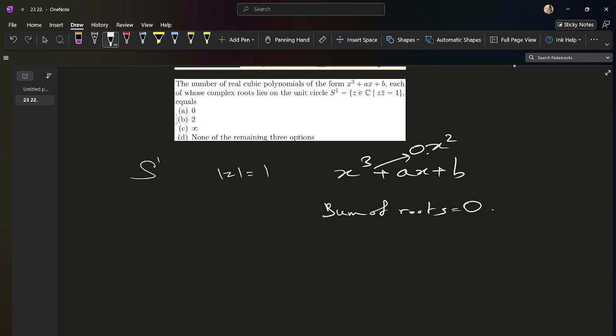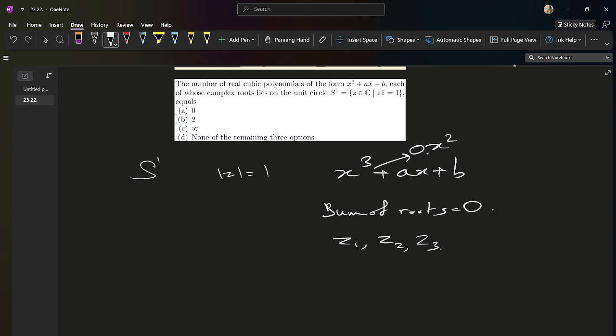So now we are going to analyze the root configuration. Let z1, z2 and z3 be the roots of this equation. Since the sum of the roots is 0, the roots must form an equilateral triangle on the unit circle. This geometric constraint significantly restricts the possible configurations of the roots.